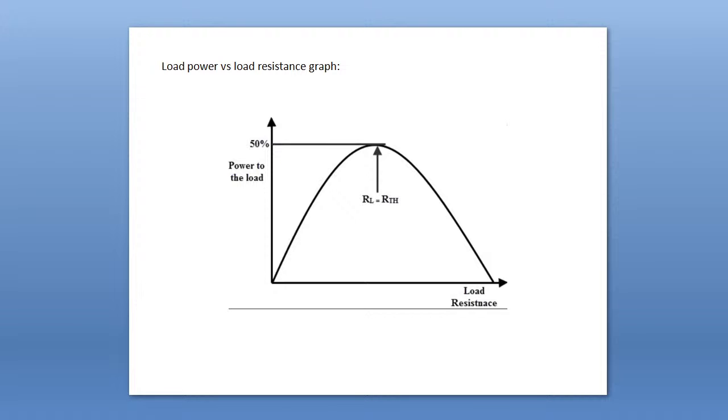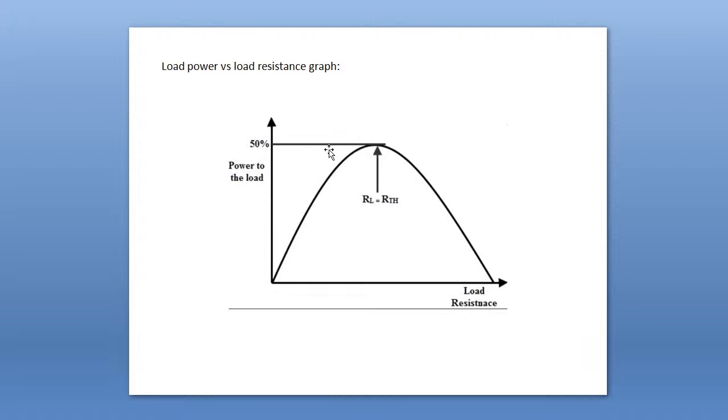This is RL equal to RTH, here is RL greater than RTH. In this portion, just on the left-hand side of this peak value, you see RL less than RTH. This is the value of RTH. So your system will work, no problem, and you will get power.